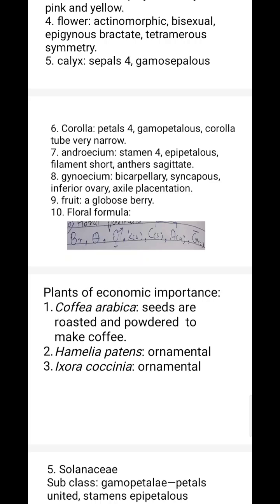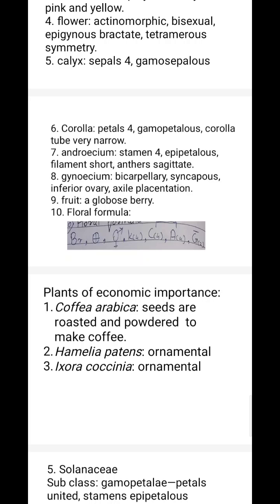That's why you have to mention that the corolla and androecium are attached, and the line is drawn from corolla to androecium. Then gynoecium is inferior, having two carpels that are united. So write these two in a bracket and mention the line above.